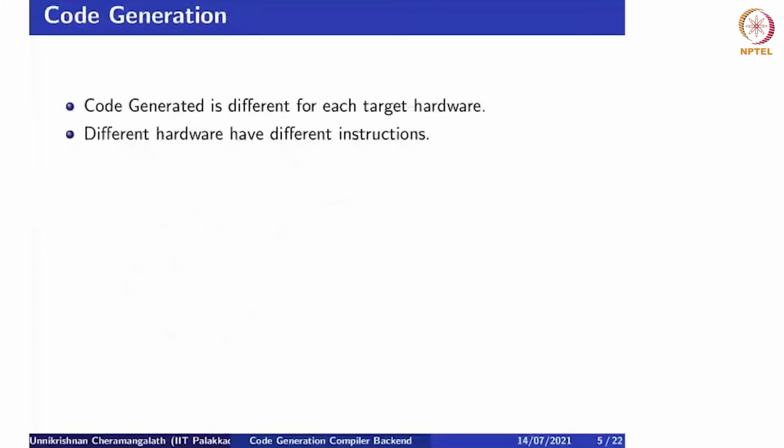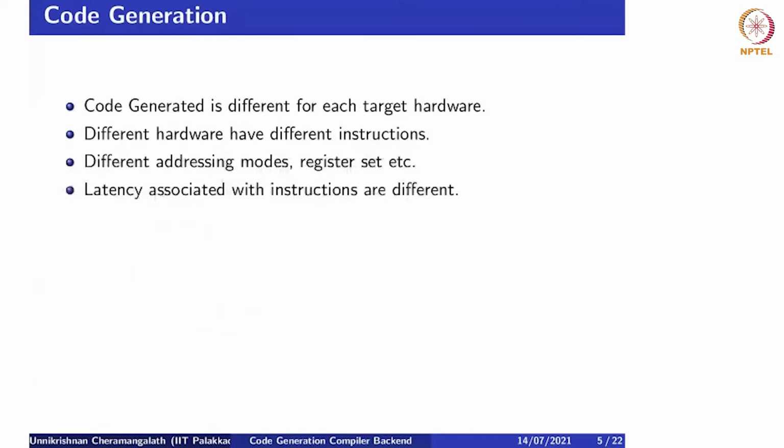Different hardware has different instruction sets, different addressing modes, register sets, etc. The latencies associated with instructions are different, and of course you are aware that mul has more cost compared to add. Similar differences are there in the instruction set. As hardware becomes complicated, the number of instructions becomes more. So code generation needs a proper set of tasks for optimized code.